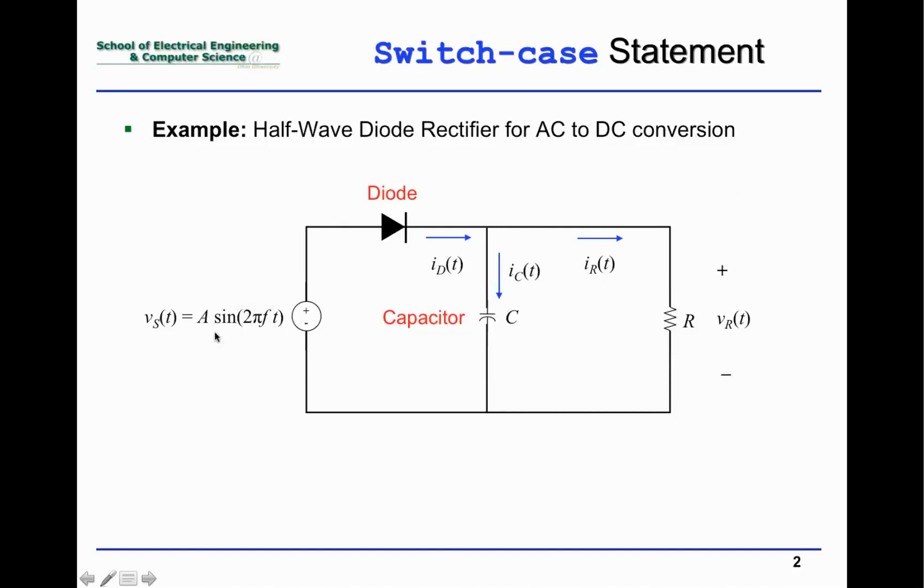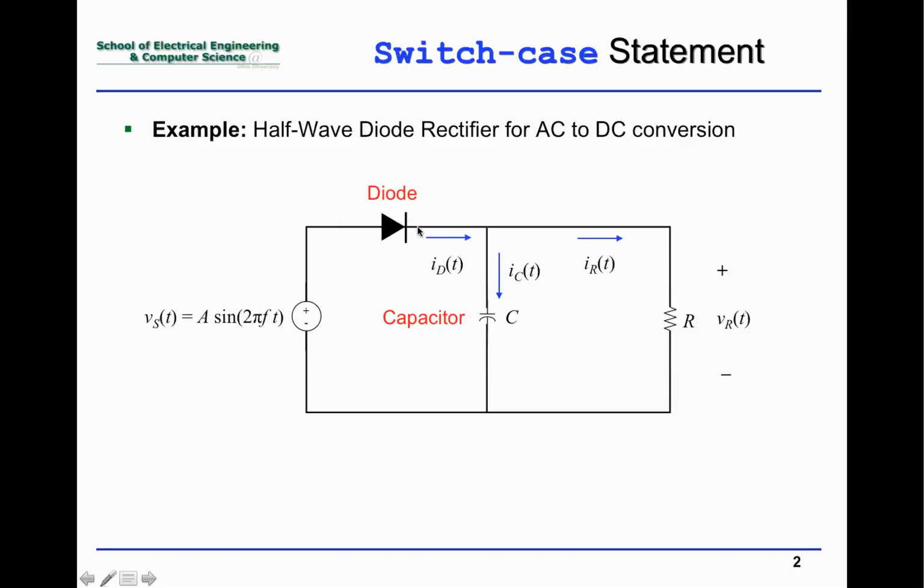Now later on the source voltage starts to drop. When it starts to drop, the source voltage drops below the voltage that has built up across the capacitor. Then the capacitor discharges.